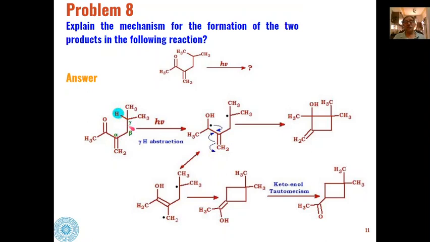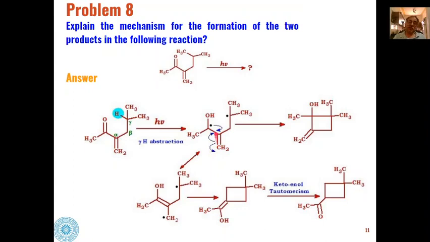So in the first step after excitation, a gamma hydrogen will be abstracted and transferred to this oxygen, and this type of biradical will be formed. And this biradical can form a carbon-carbon bond at this place, and we can have this type of product formed by simple carbon-carbon bond formation by these radicals.